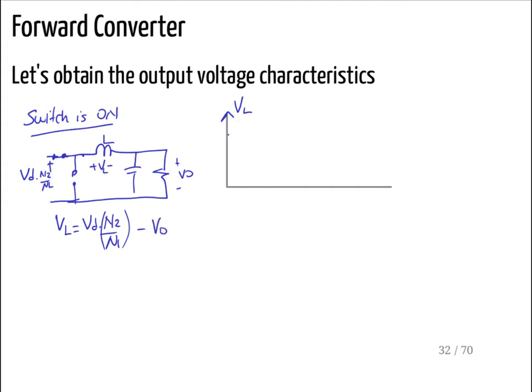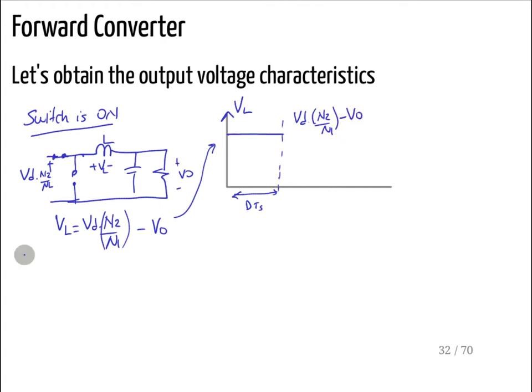You have that kind of voltage waveform for how long? For DTs, and that value is VD times N2 over N1 minus VO.